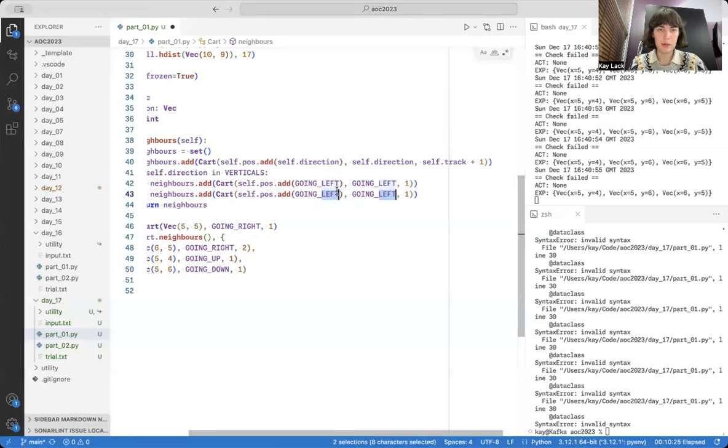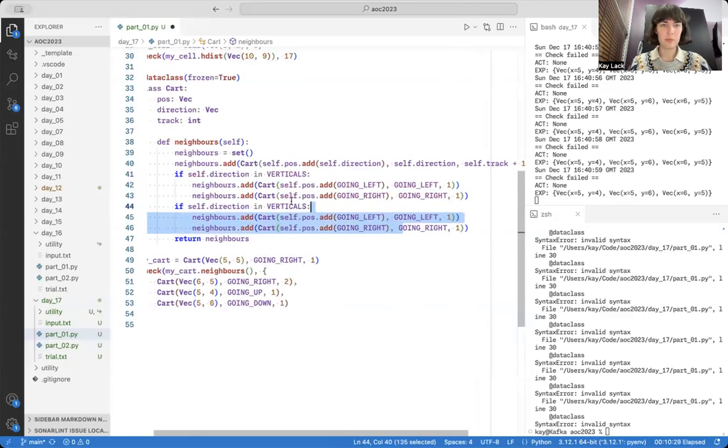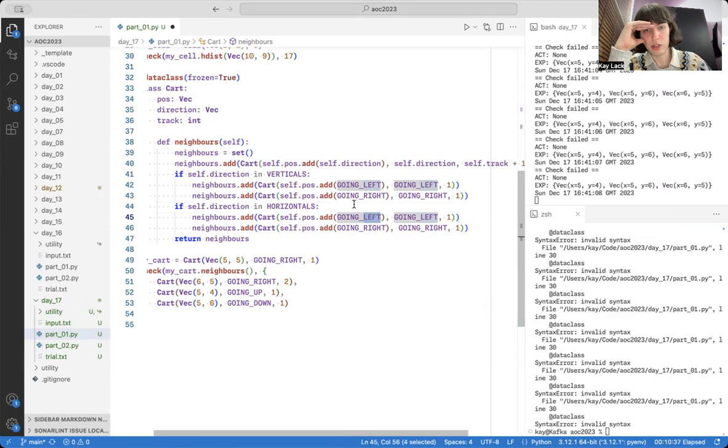Or we can do right. And I mean, we probably could just subtract anyway.